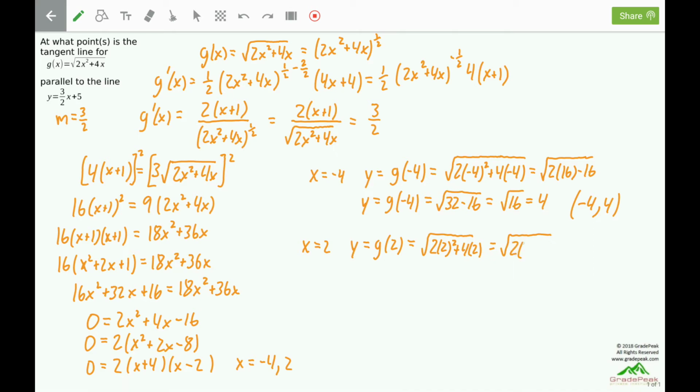Two times 2 squared is a 4. 4 times 2 is an 8. So we have the square root of 2 times 4 is an 8, plus the other 8. 8 plus 8 is 16. Square root of 16 is a 4. And we get the other point to be an x-coordinate of 2 and a y-coordinate of 4. So we have 2 points where the tangent line for g of x is parallel to the line 3/2 x plus 5.